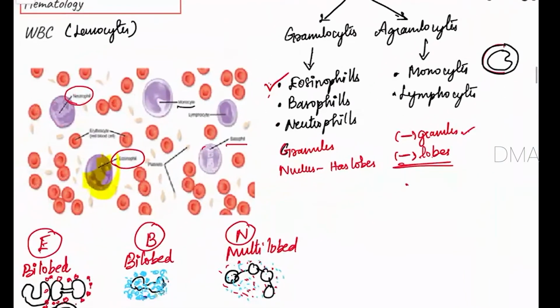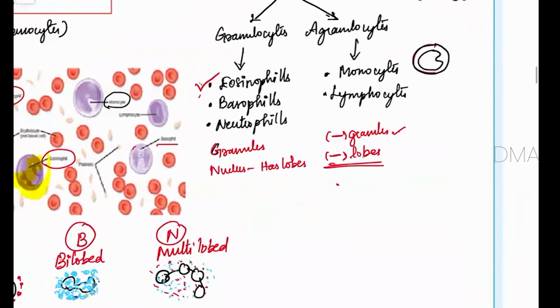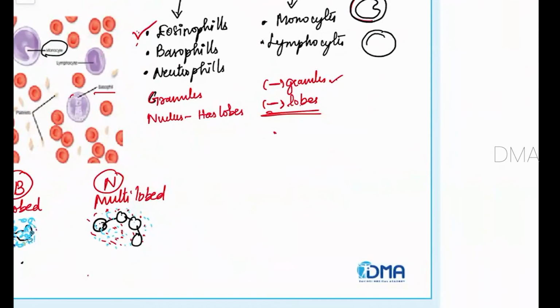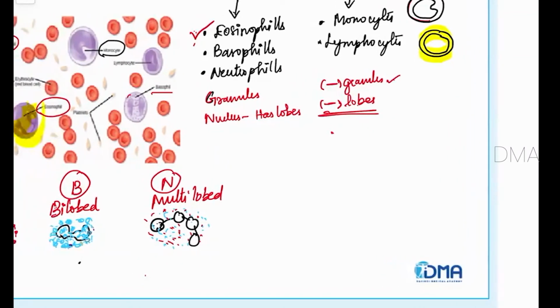Whereas in the lymphocyte, it is an oval, round nucleus, and you only see a thin rim of cytoplasm. In most cases you cannot appreciate the cytoplasm, because the nucleus occupies almost the entire cell. This is how monocytes and lymphocytes are visualized.